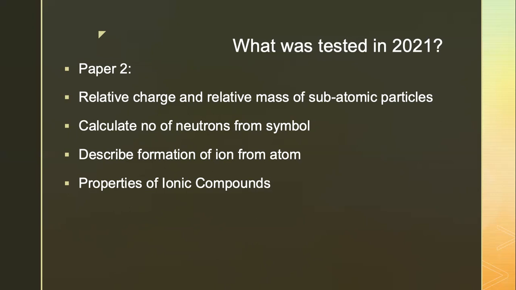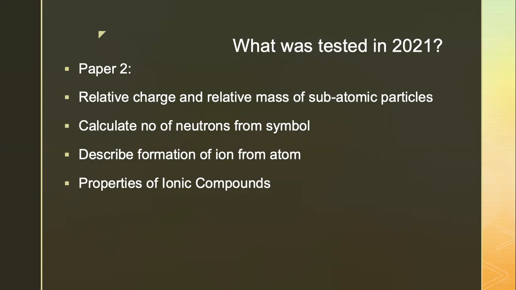Okay, so the last question is on atomic structure and bonding. Students need to recall the relative charge and relative mass of the various subatomic particles correctly, calculate the number of neutrons, and describe the formation of an ion from an atom. In this case, they give a metal, potassium. Potassium is a metal, so it becomes an ion by losing how many valence electrons? 1, right? Because it's group 1.